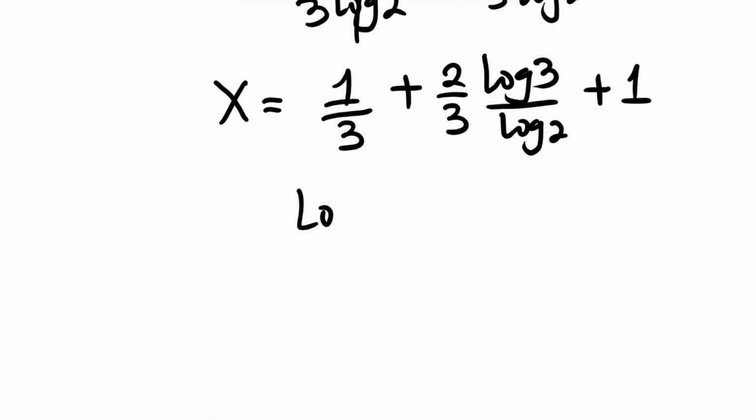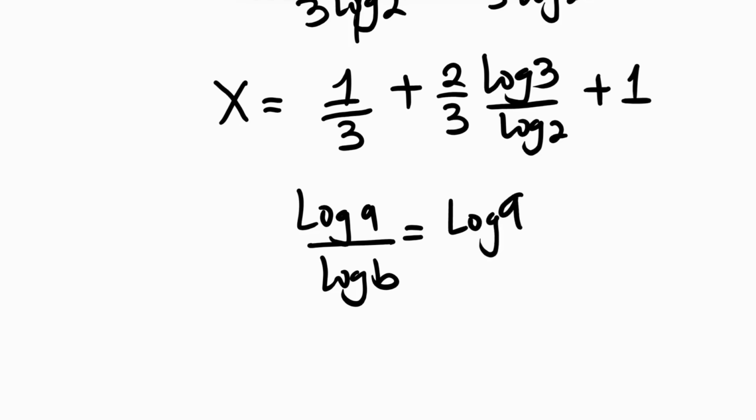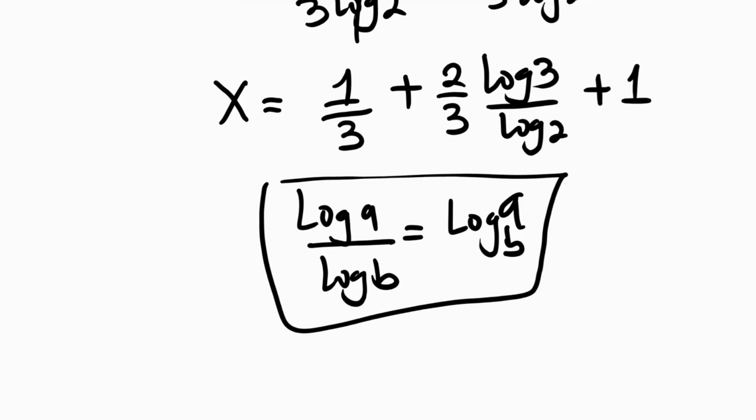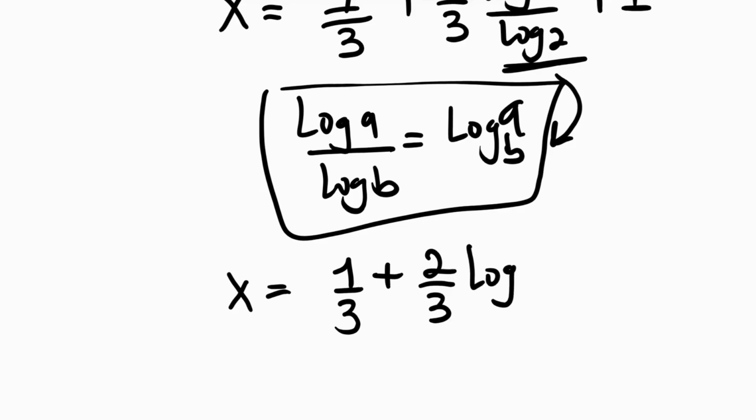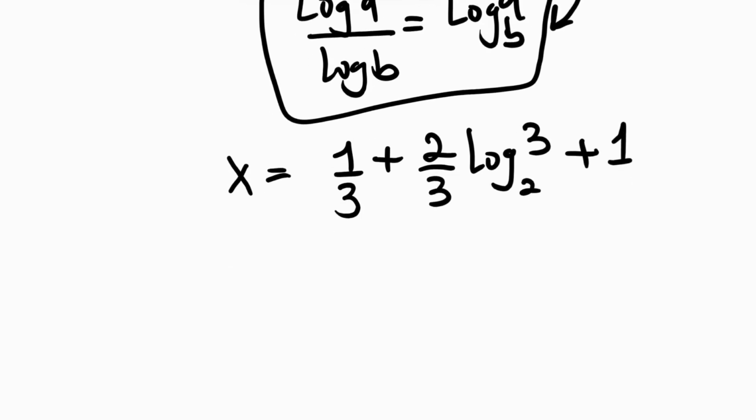Now we have a log formula that states that log of A over log of B is equal to log of A base B. So we're going to rewrite this in this format. So now we have x equals 1 over 3 plus 2 over 3 log of 3 base 2 plus 1.